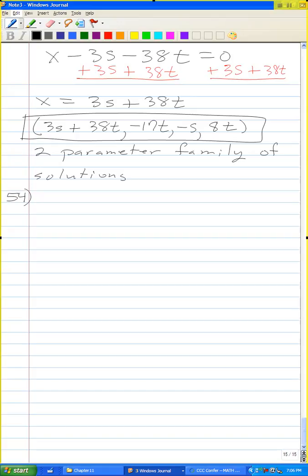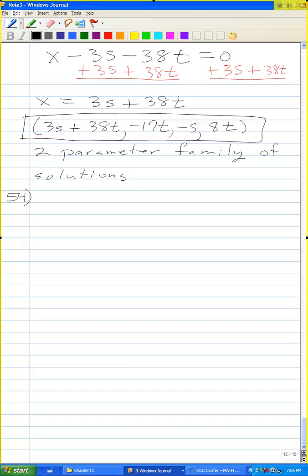Each ounce of food B contains 2 units, 2 grams, I guess, of protein, 3 units of fat, 1 unit of carbohydrate. Each ounce of food C contains 2 units of protein, 4 units of fat, 3 units of carbohydrate. A patient must receive 38 units of protein, 50 units of fat, 50 units of carbohydrate. How many ounces of each type of food should you use?